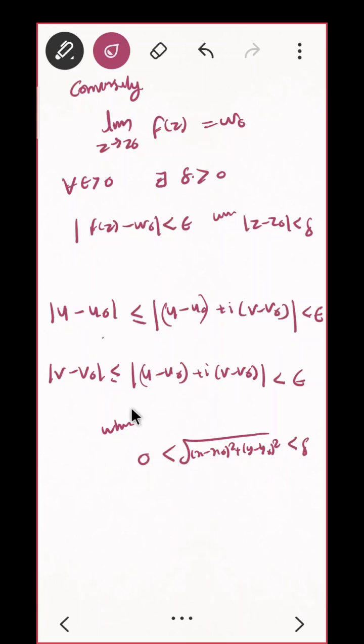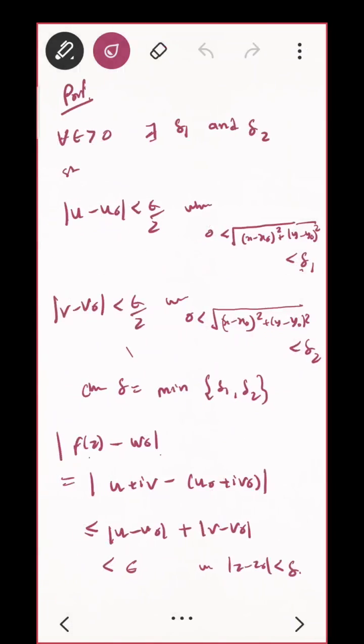Okay, hence proved. u minus u naught less than epsilon, that means what? limit u equal to u naught. v minus v naught is less than epsilon, that means limit v equal to v naught. Yeah, that's done. Yes, is that clear?